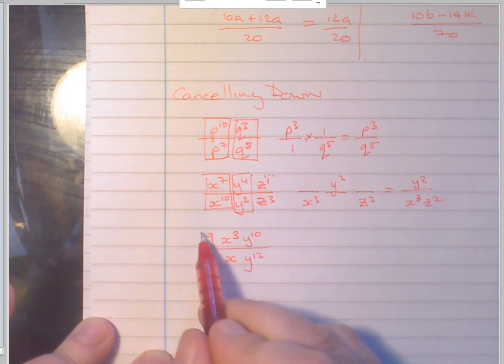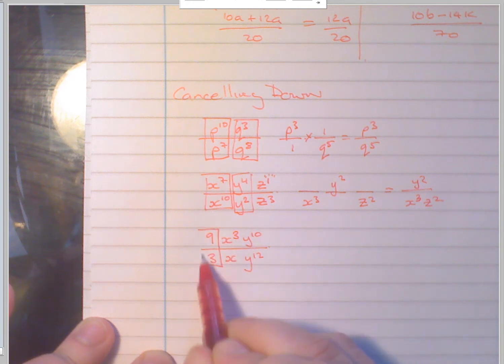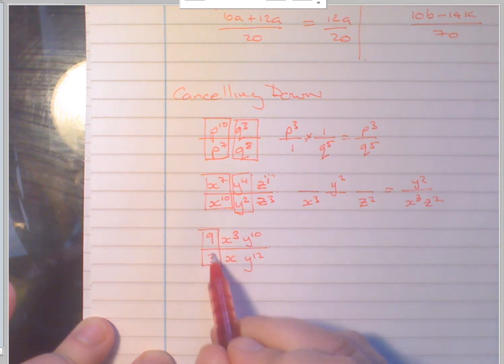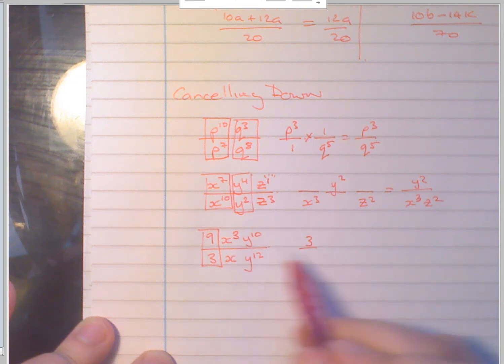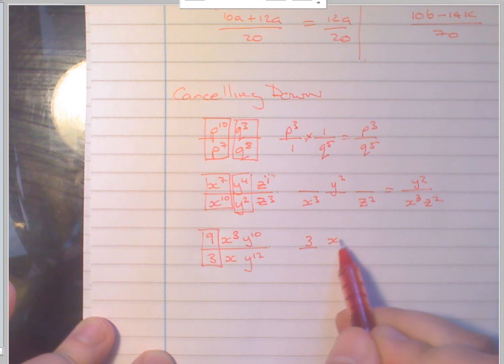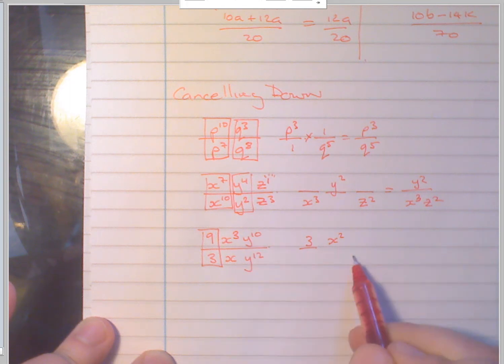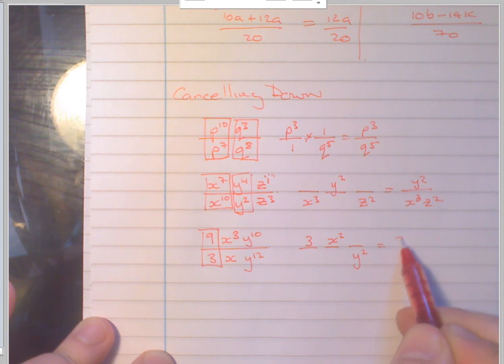Here, don't do anything weird with the numbers. Literally, this is just 9 divided by 3, so that gives you 3 at the top. This is x, so you've got top heavy, so you've got x to the 2 at the top. Bottom heavy, so you've got a y to the 2 at the bottom. So this is going to give you 3x squared over y squared.